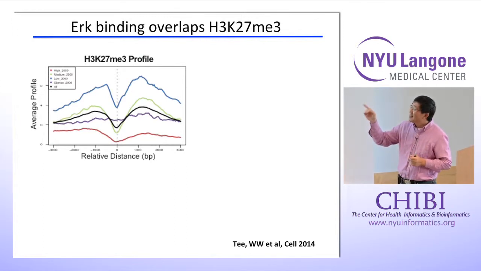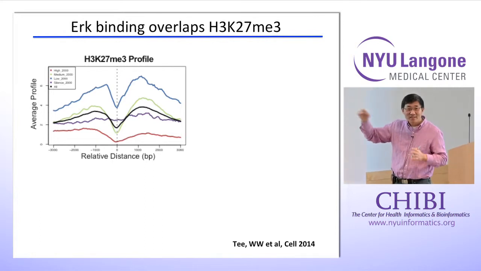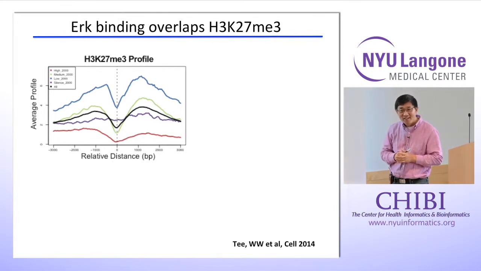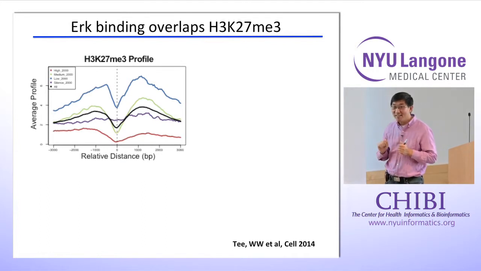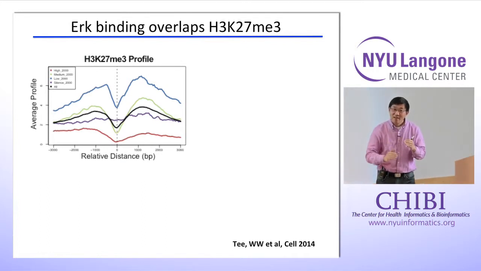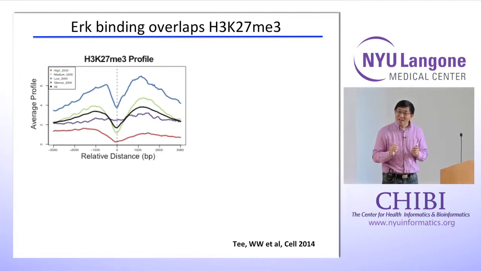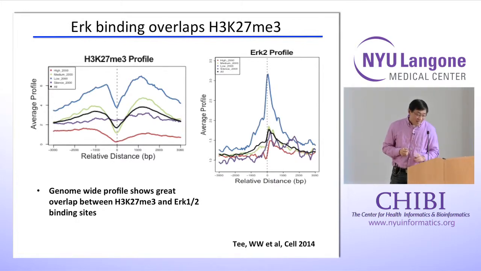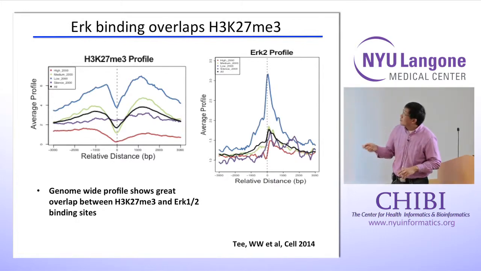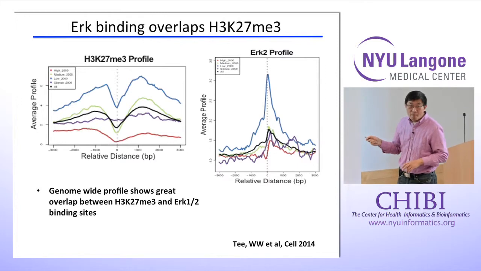No, this is the K27 trimethyl profile. What we didn't know is ERK, you will see. So what we did exactly was a ChIP-seq for ERK, and we looked at the same group of genes. Here, this is the profile of ERK.